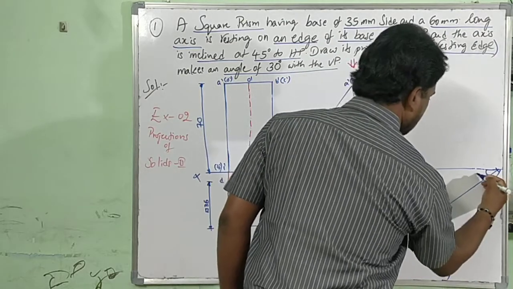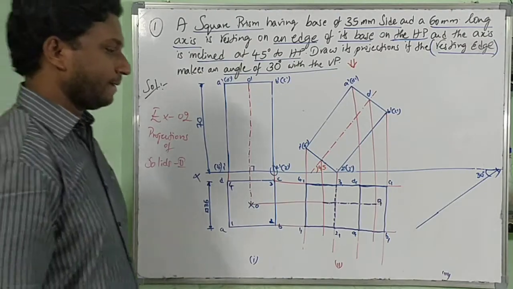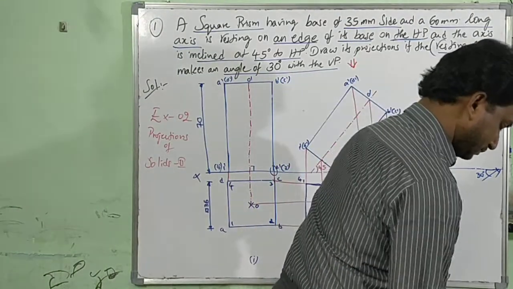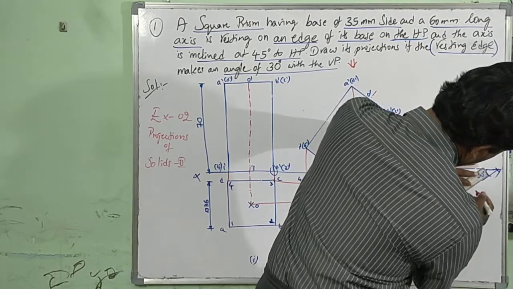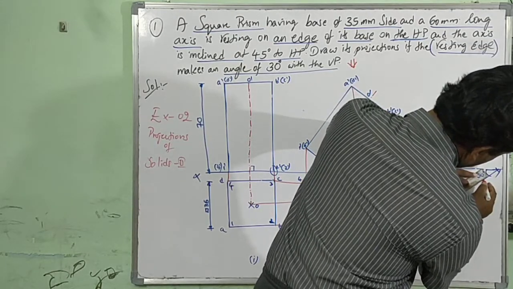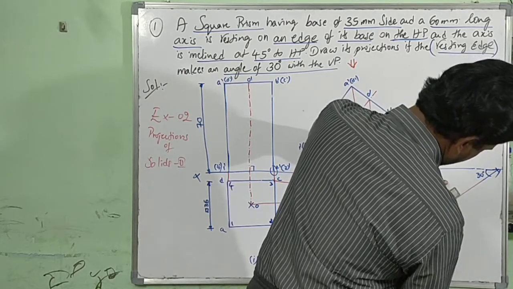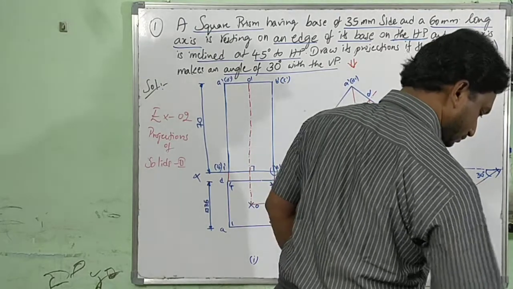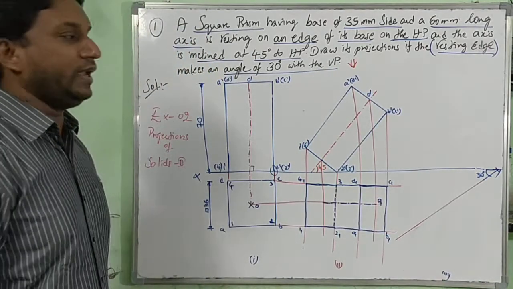This angle is 30 degrees. This angle is 30 degrees. The 30 degrees line I have drawn.